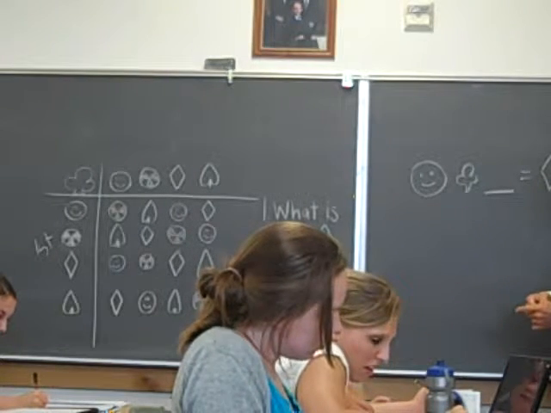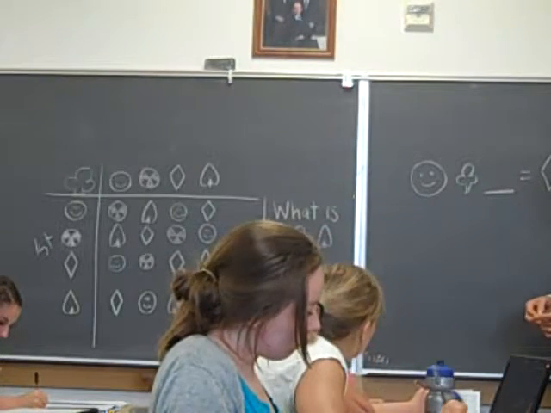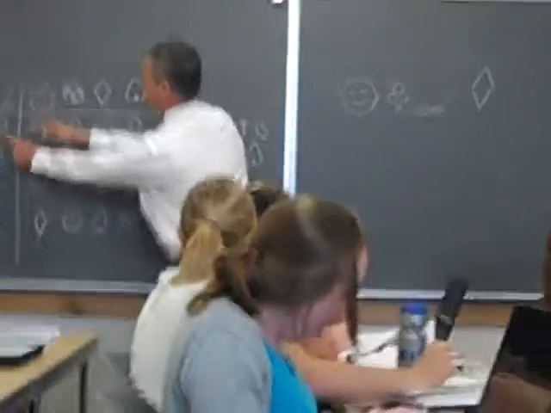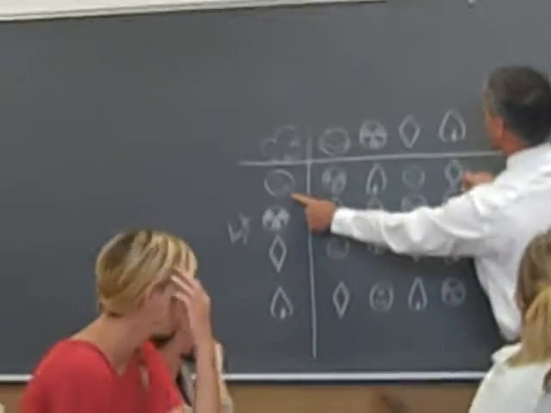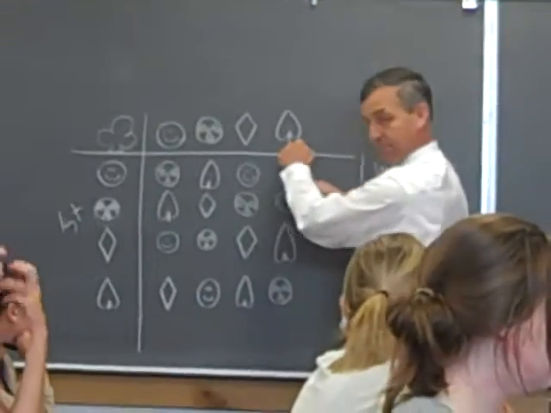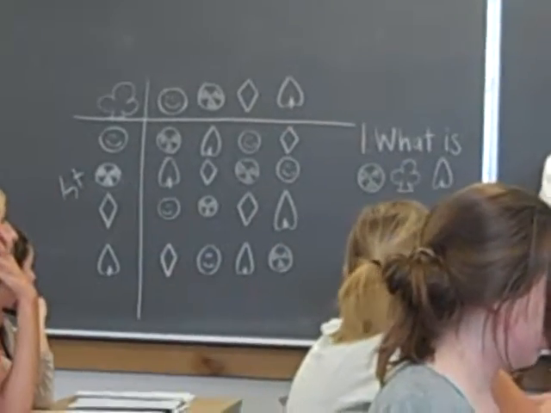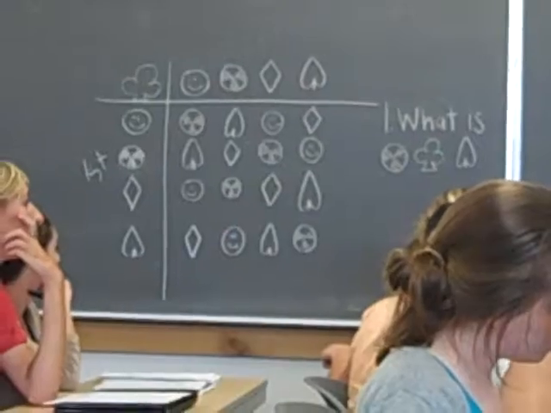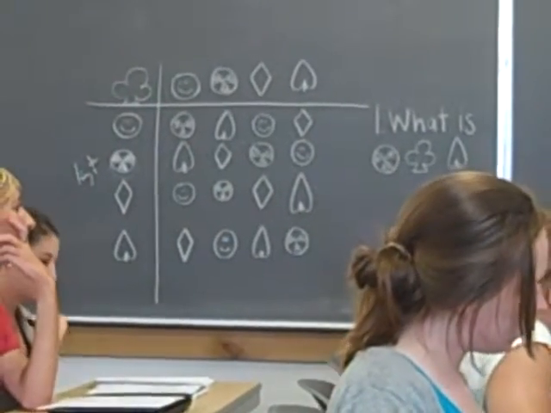How do you know? Because if you multiply the smiley face with the spade, you get the diamond. So I look here and I look over here to find what gives me the diamond, and it was the spade that did. So therefore, that must be our inverse. Does that make sense?